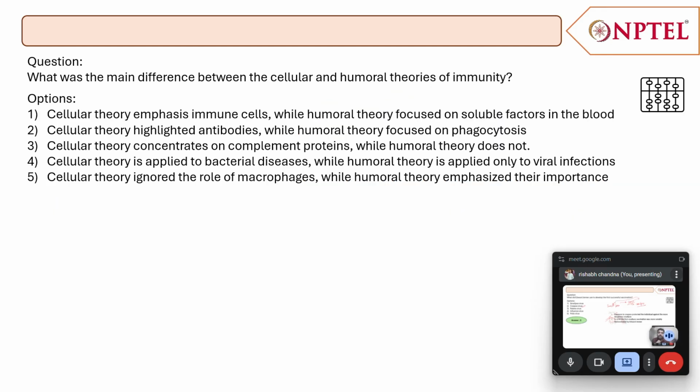Okay, so let's move on to the next question. What is the main difference between the cellular and humoral theories of immunity? So, what can be the correct answer?